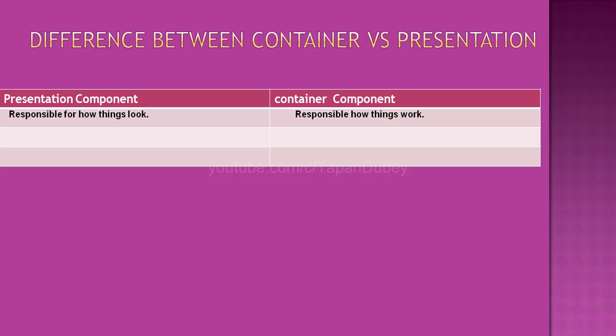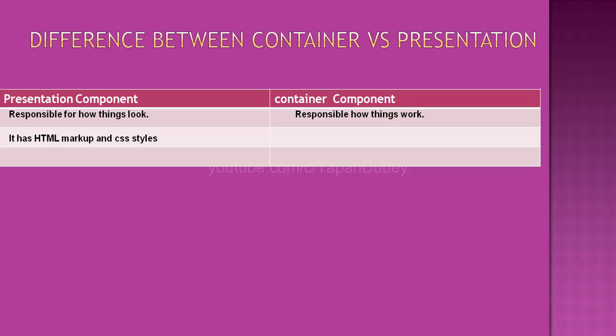Let's take another example. If you have one grid which is showing the list of the employees, how we will show that list, that grid, that responsibility we will have in the presentation component, but how we will get the data from the API, that responsibility we will have in the container component.